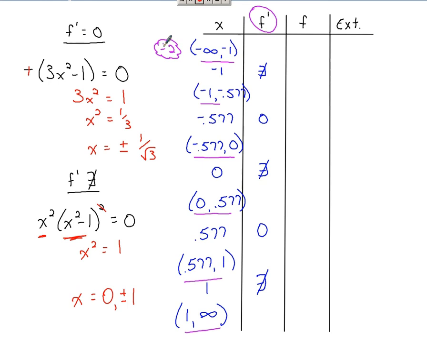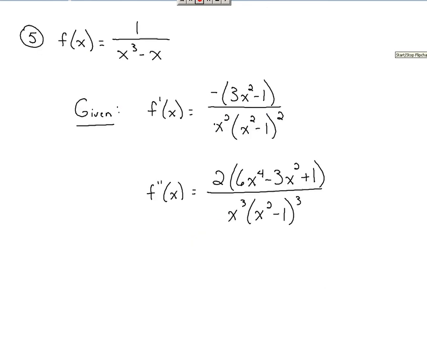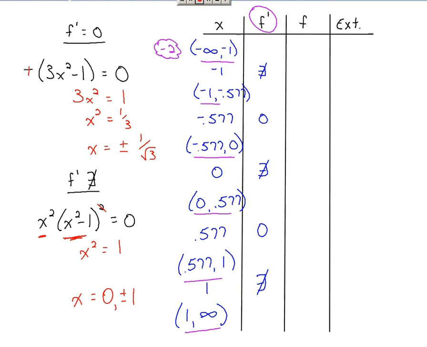I've got to take -2, go back here to the first derivative and plug in. All I care about is the sign result. If I plug -2 in, you know what you get? Should get something negative back. And if we get something negative back, what that tells us about the function then is the function is decreasing for that interval.